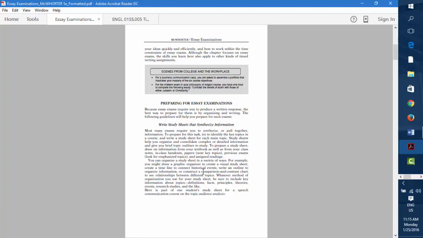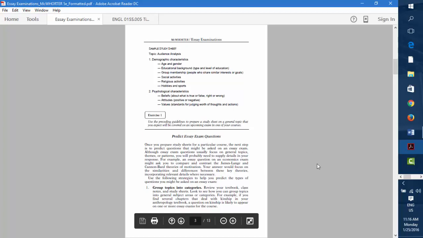And even with an exam like the one we're taking, it's kind of hard to remember what went on in a reading that you did a month ago. Okay, so there are some things that you can do, and often what you can do is topic study sheets where you remind yourself what was going on with the topic that you read about, or the discussions that you had in class.